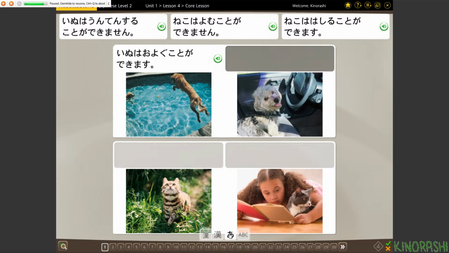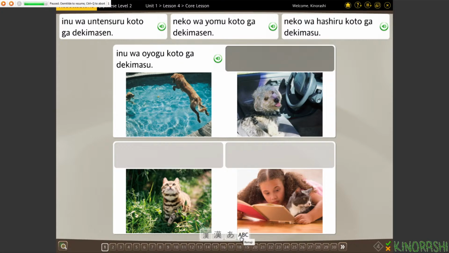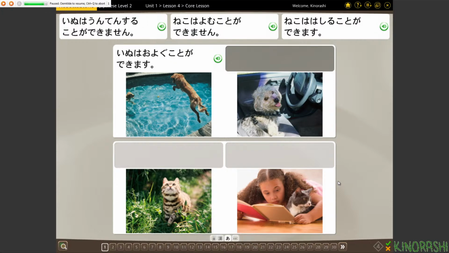I feel like I've seen the word dekimasu before. Can't remember where. That's just divided the way I thought. Inu wa oyogu koto ga dekimasu.